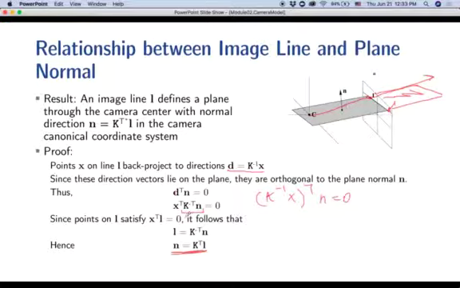So if the normal came out to be parallel to the y-axis, let's say it came out to be 0, 1, 0, that means this line was really passing through the middle of the image, through the principal point, and therefore the optical axis lay on the plane. Therefore the image plane and this vector are orthogonal, I mean parallel to each other. So I can actually find the tilt of the camera with respect to the plane that is formed by the line using this.